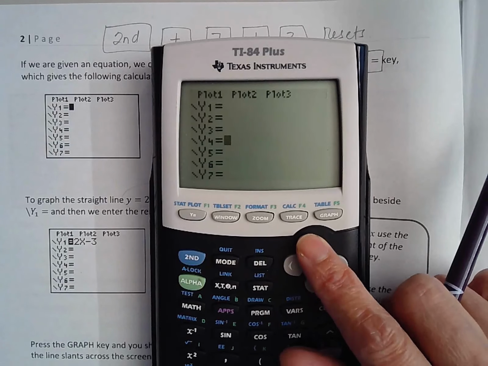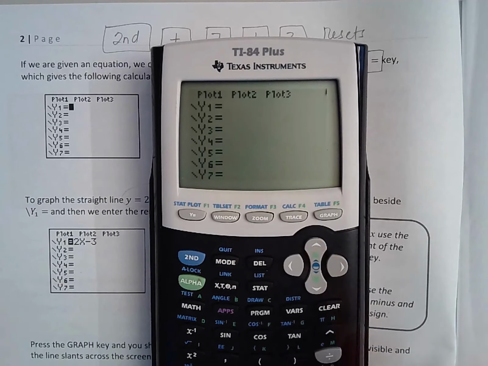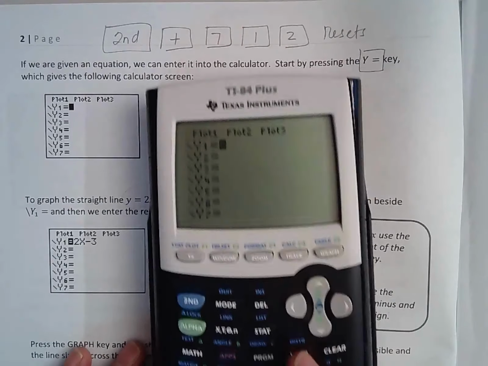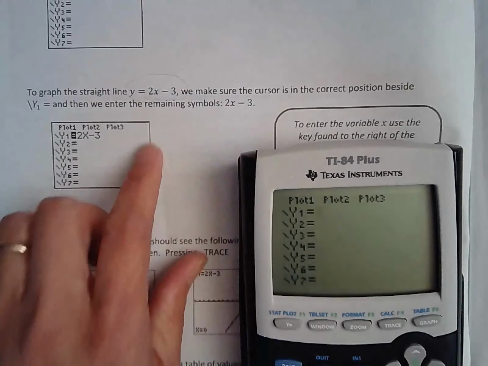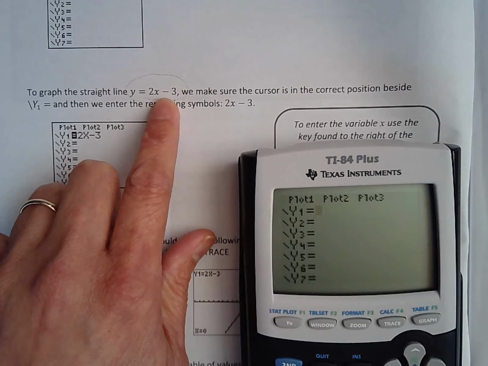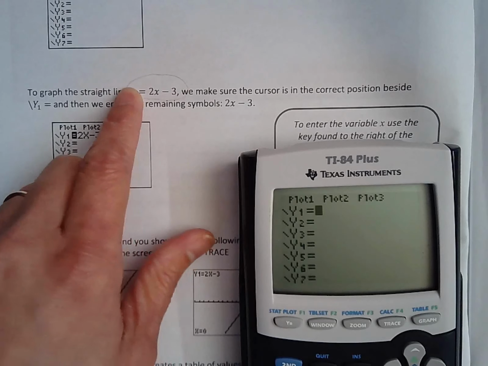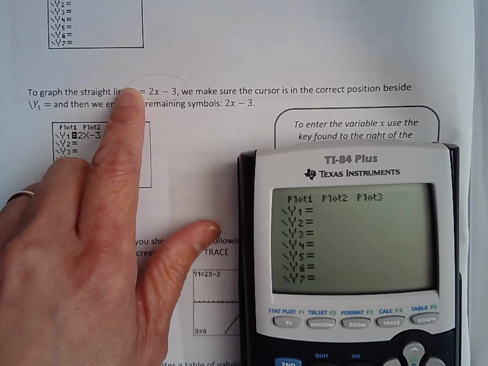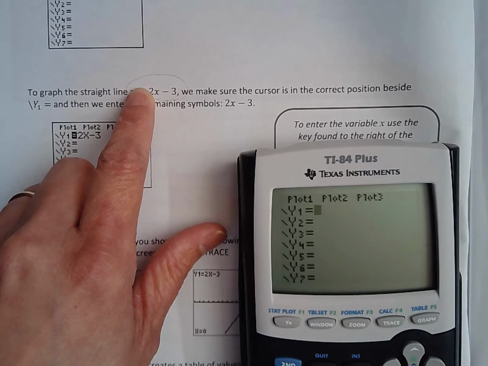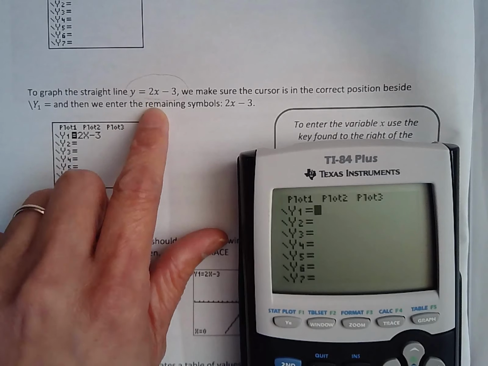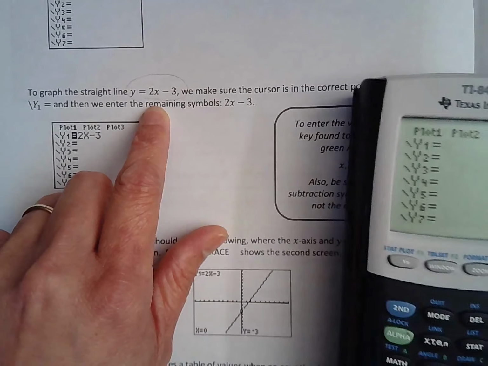But we're not going to do that. We're just going to go to Y1, and then we're going to type in 2x minus 3. The y is already there, and the equals is already there, so the only thing that we need to type is 2.